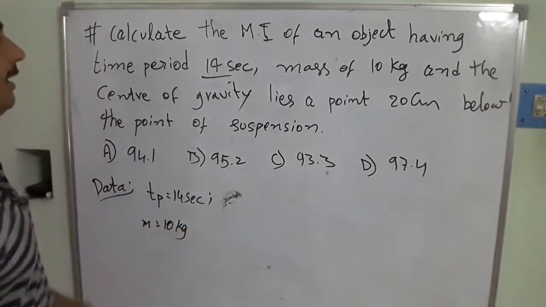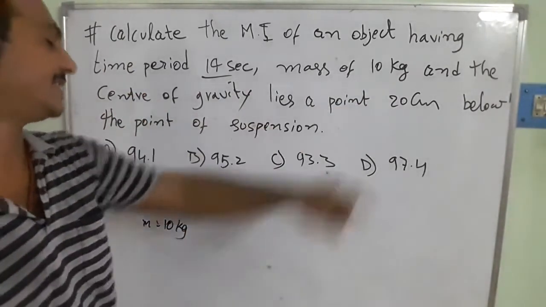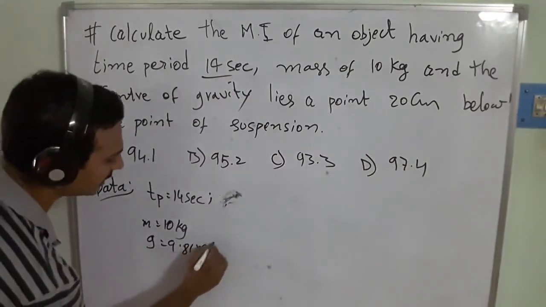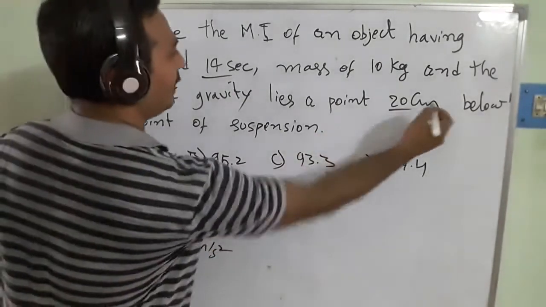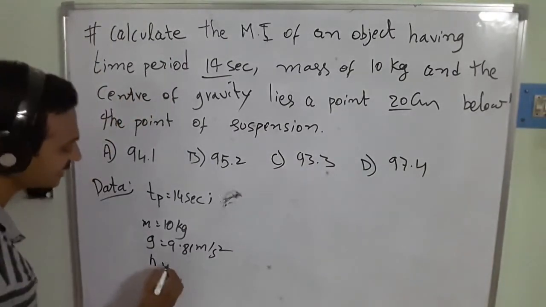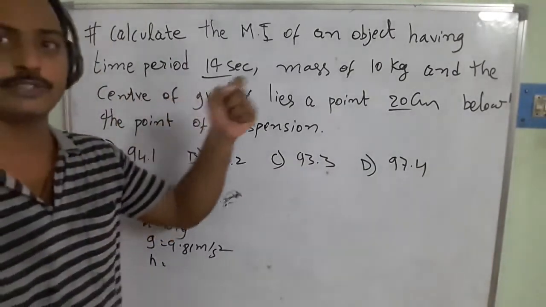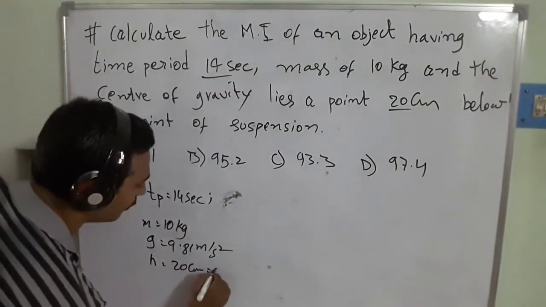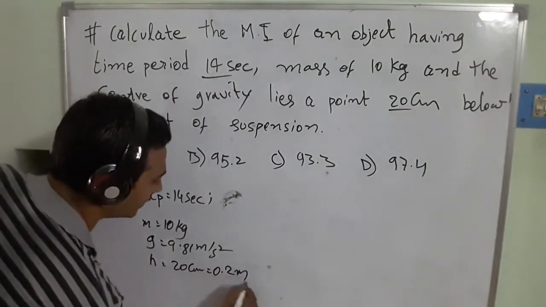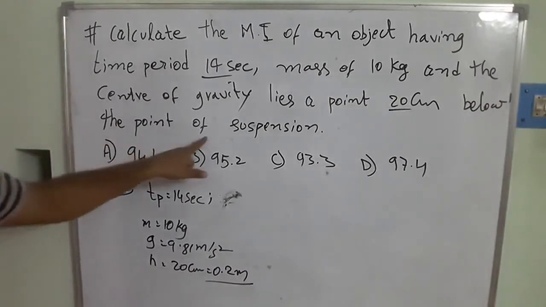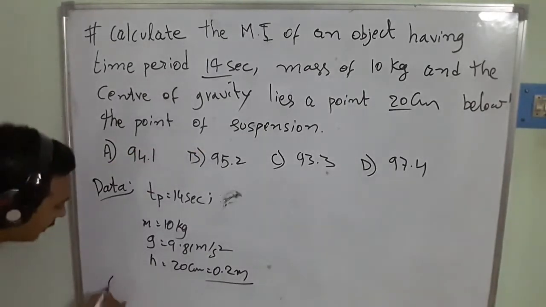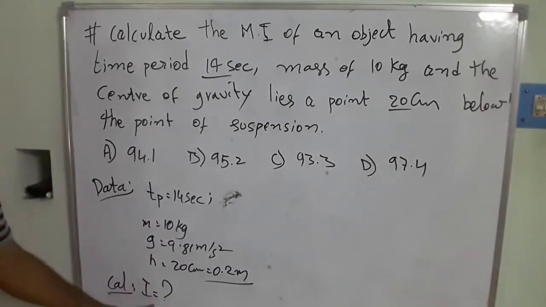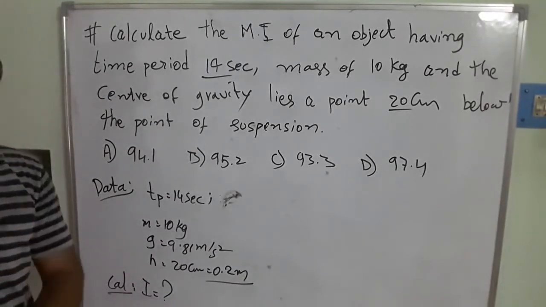And the next one, the g is equal to 9.81 meter per second square, and h is the distance between the point of suspension and the center of mass, that is 20 centimeters, which I am writing as 0.2 meters, right? This is the data he has given. So then we need to calculate, what do we want to calculate? I, the moment of inertia. Then how could you calculate the moment of inertia?